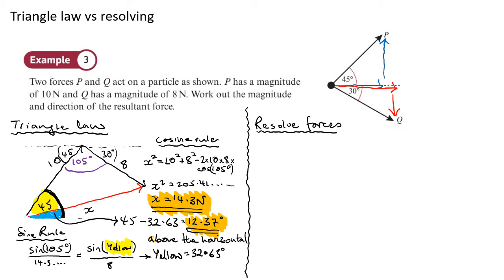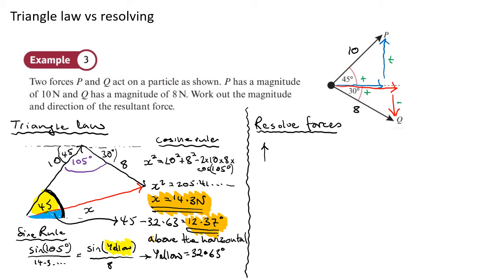Now, this is going to be positive because of its direction, and this will be negative because of its direction. So let's look at the forces vertically. So what have we got going up? P was 10, wasn't it? So let's put 10 here. Q was 8.